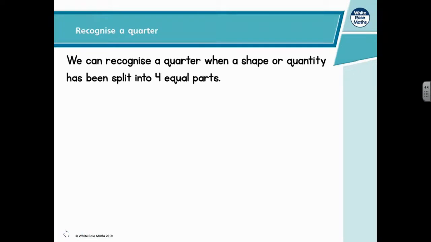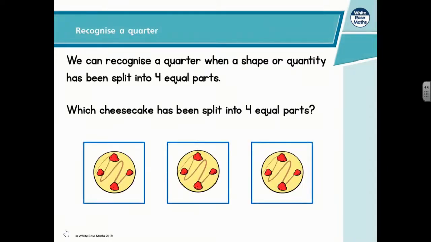Recognizing a quarter. We can recognize a quarter when a shape or quantity has been split into 4 equal parts. Which of these cheesecakes has been split into 4 equal parts? The first one, the second one, or the third one?